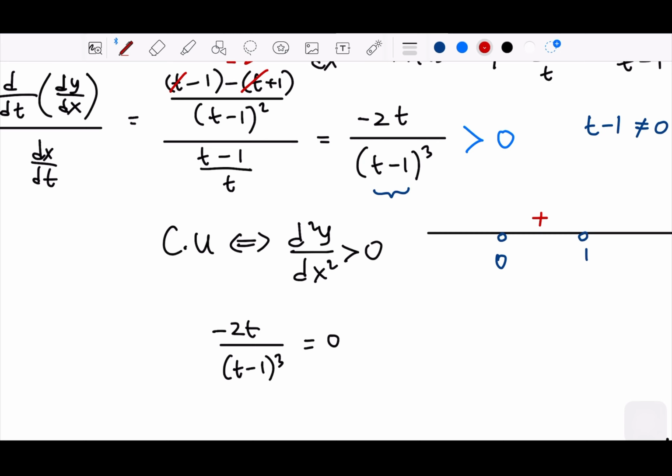So the only range that is positive is from 0 to 1, okay, but not including 0 and 1. So it is concave upwards when the interval is that.